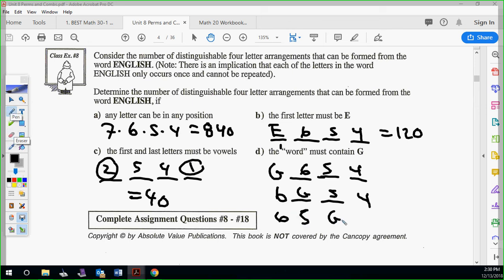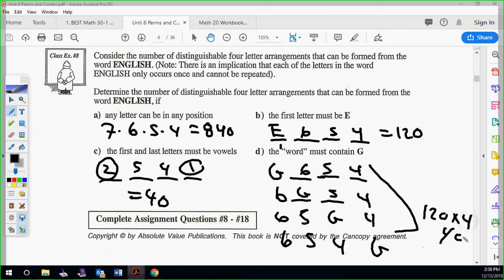Like everywhere you get a G, right? So you get a G in the first, the second, the third, or the fourth draw, right? And then it'd be 6 times 5 times 4 either way. So that's 120 for each of them. So times that by 4, 480 possible G words. Okay, and that's it. And we'll stop there.